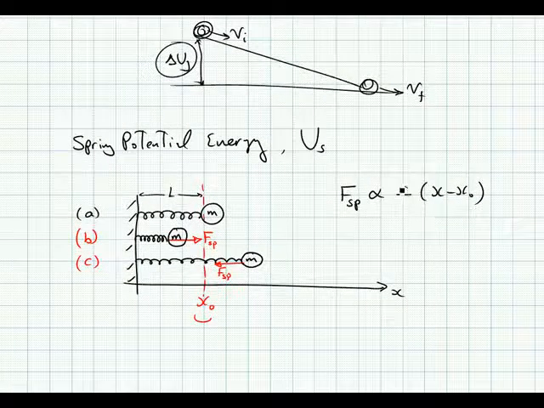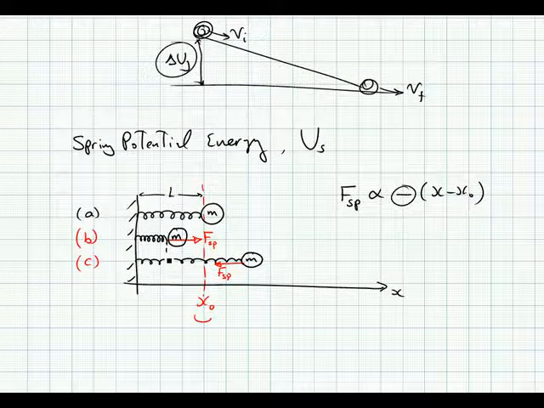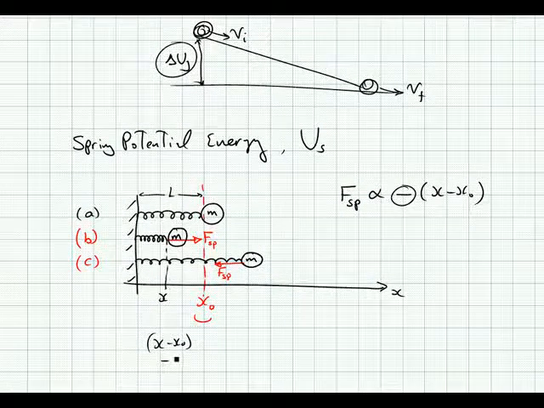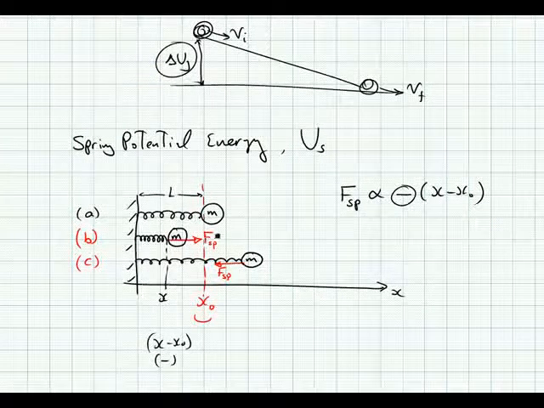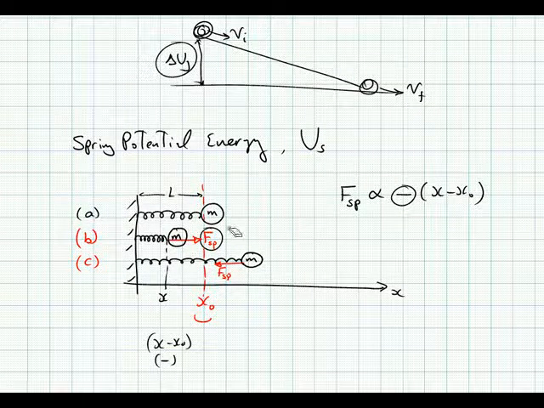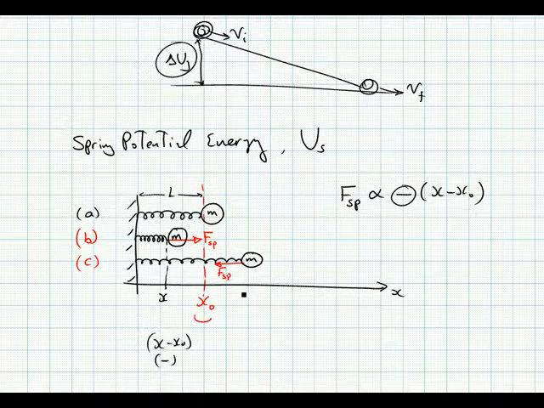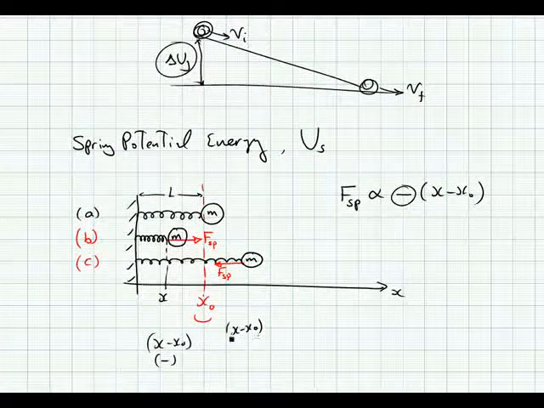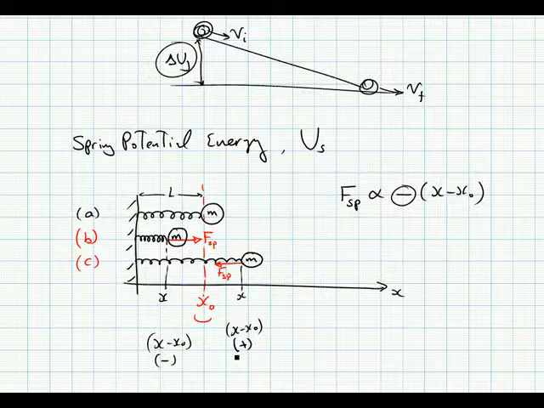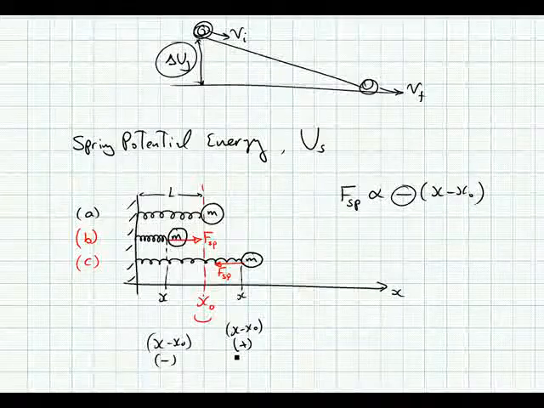The negative sign implies that in scenario B, x minus x naught is negative and our spring force is positive, in the positive x direction. In scenario C, x minus x naught is positive, and the spring force is negative, pointing away from the positive of the x-axis.